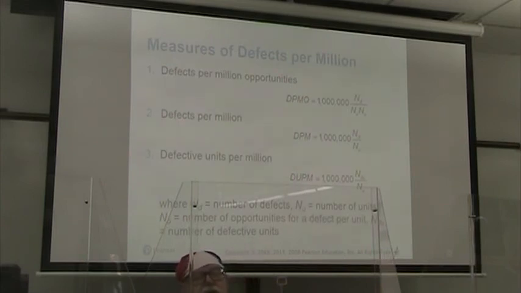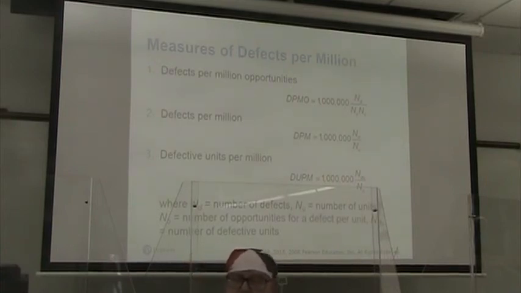All right, so we think of our measures of defects by the millions. First off, there are defects per million opportunities. So it's 1 million times the fractional quality of the number of defects divided by the product of the number of units times the number of opportunities for a defect per unit.